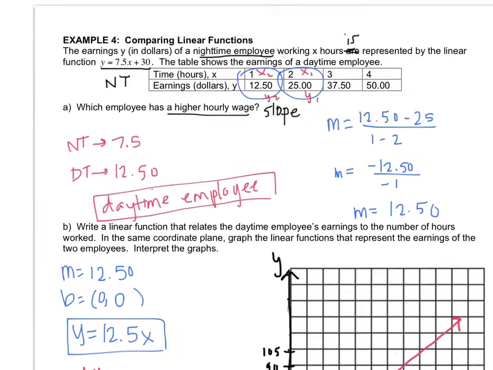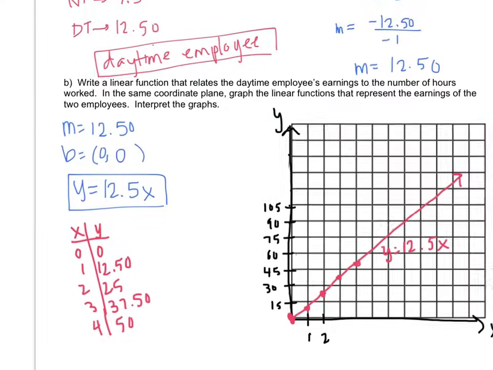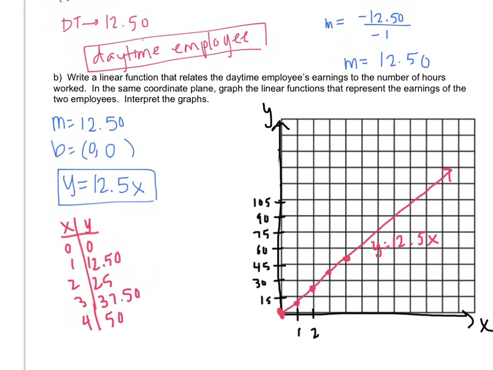All right, now we go to the nighttime employee. Now the nighttime employee starts with $30. So they start here, and then they make $7.50 every hour. So they start at 0, 30. And then after 1 hour, they make $7.50, so that's $37.50. So that's a little over here.